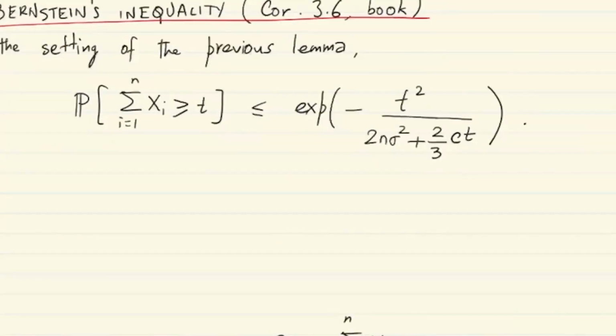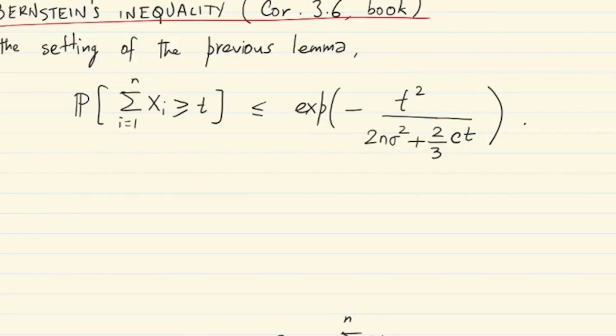So Bernstein's inequality basically says that in the same setting, that is, if all these Xi's are zero mean and bounded in absolute value by c, then the probability that their sum exceeds a level t is at most e to the minus t square over something. So this is basically in the exponent a ratio of polynomials.